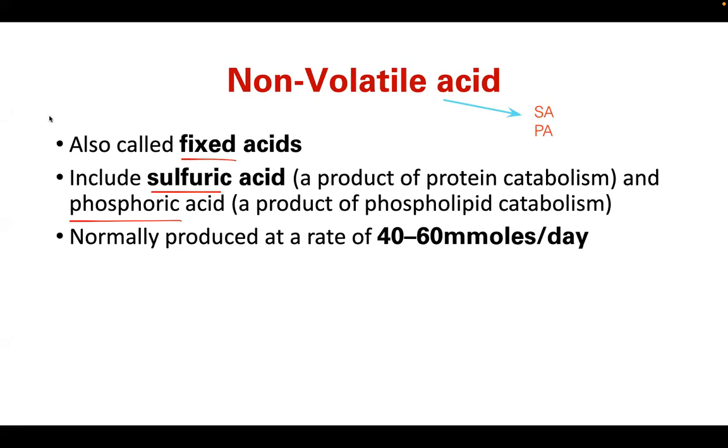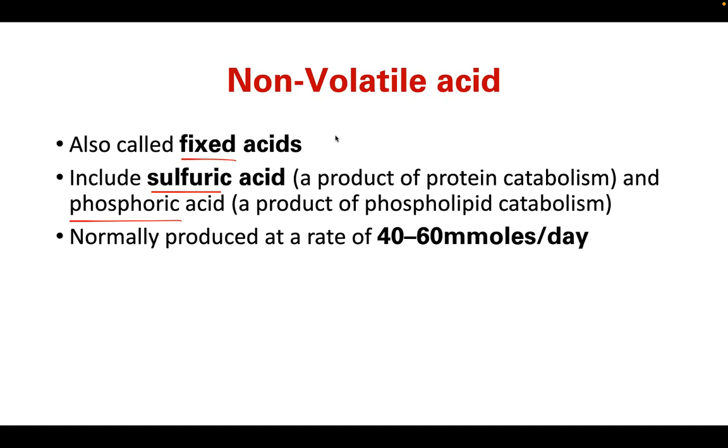Please take note, sulfuric acid is one of the breakdown products of protein catabolism, while phosphoric acid is one of the breakdown products of phospholipid catabolism. Usually there's about 40 to 60 millimoles of non-volatile acid produced per day. So please refer to your study guide and take note of this.